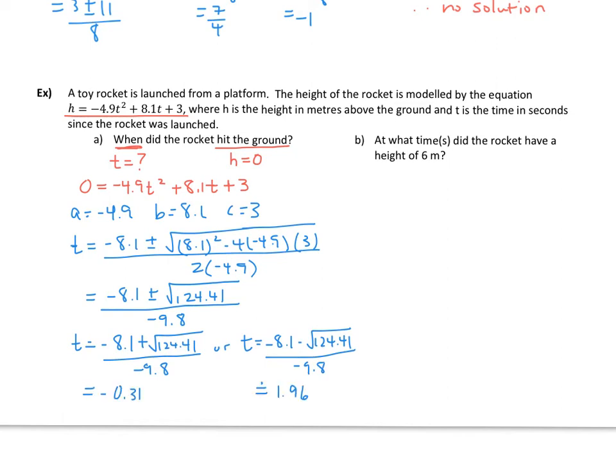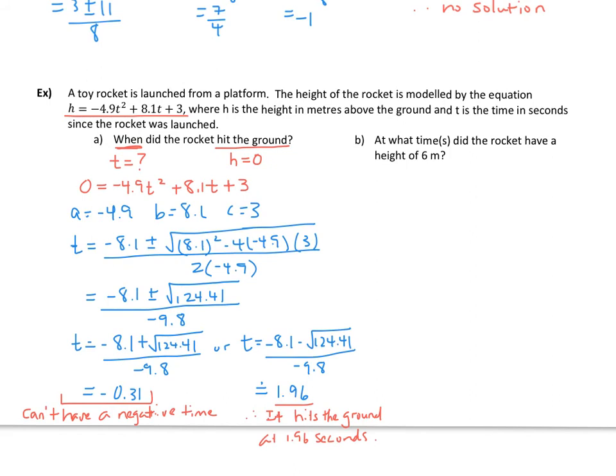All right, and I've calculated those. Just remember that in this context, in the story, the negative time doesn't make sense. We can only have a positive time, so it must hit the ground at 1.96 seconds. And magically we have that written down.